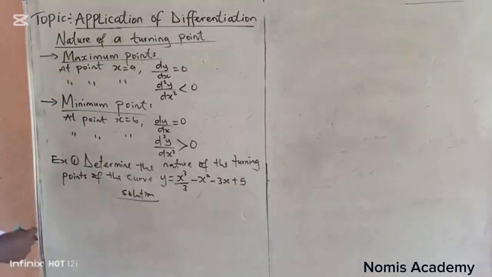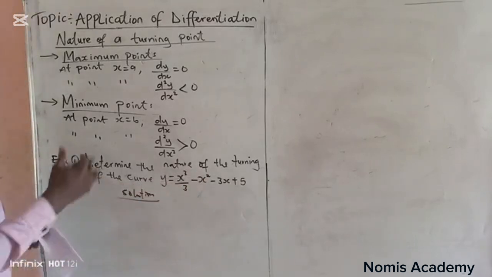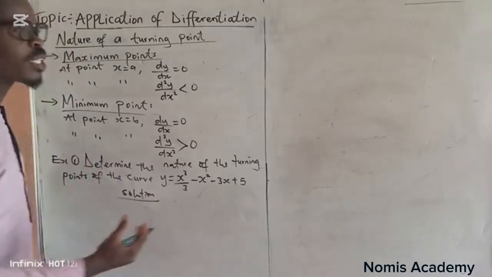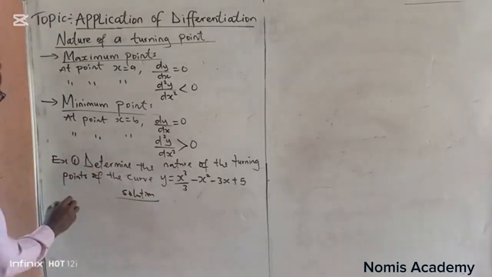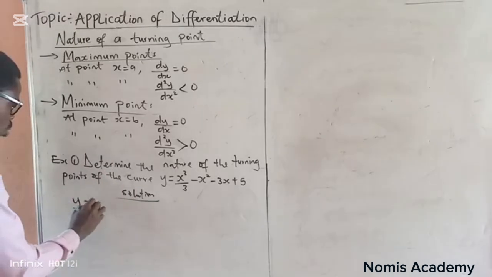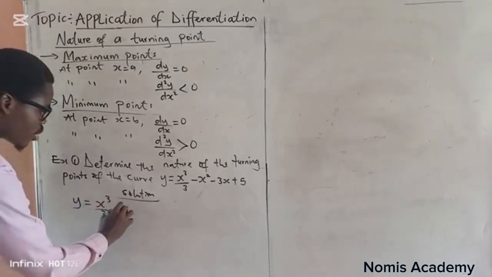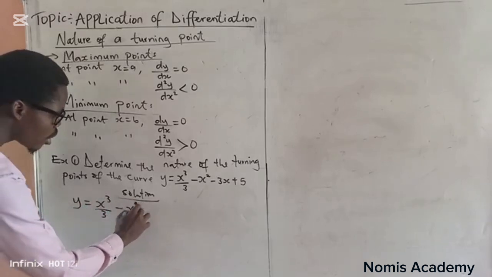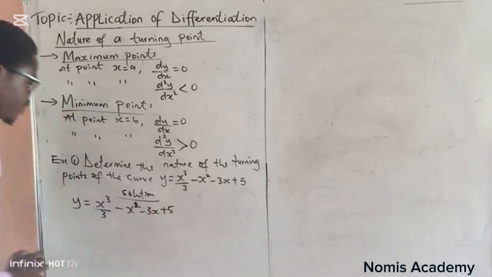To find the nature of the turning point, first and foremost, we need to find the turning points. We have y equals x cubed over 3 minus x squared minus 3x plus 5.